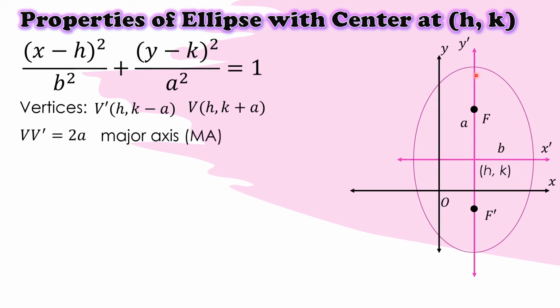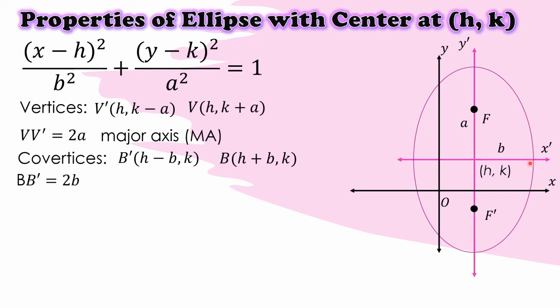The major axis is of length 2a. The coordinates of the co-vertices are at (h − b, k) and (h + b, k).